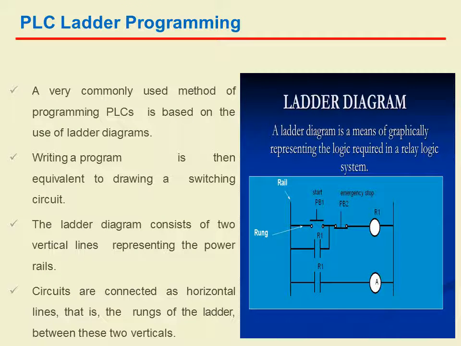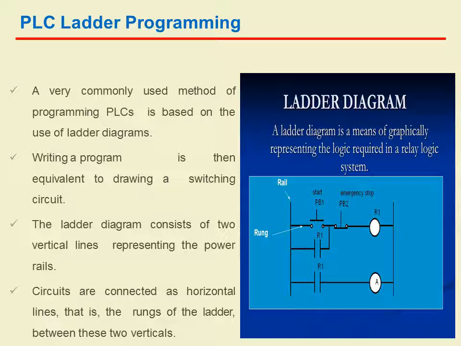A very commonly used method of programming PLCs is based on the use of ladder diagrams. Writing a program is then equivalent to drawing a switching circuit. The ladder diagram consists of two vertical lines representing the power rails.